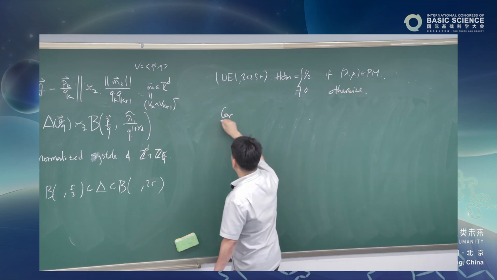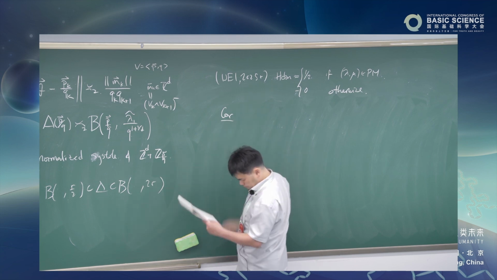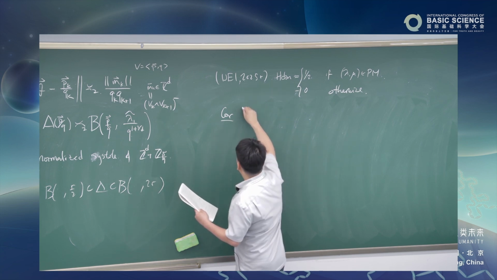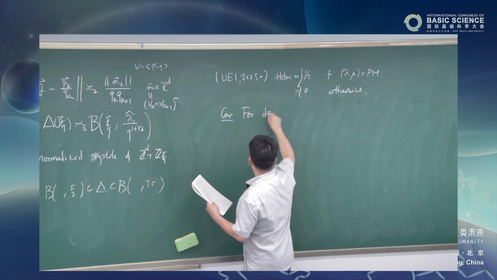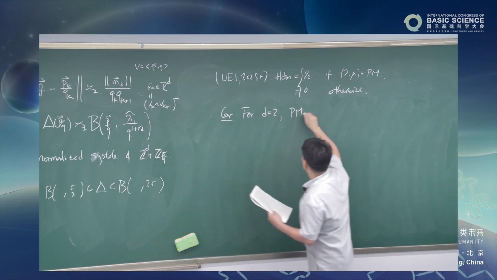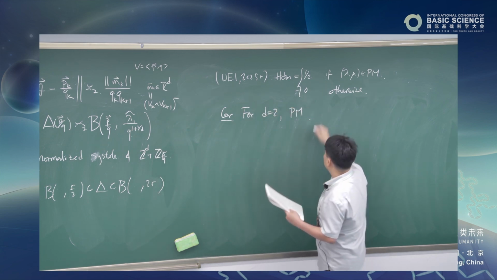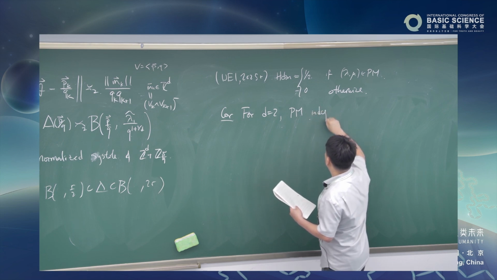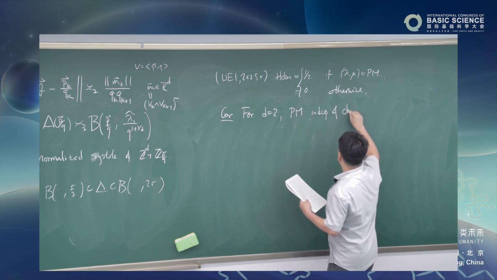And the corollary is that for dimension 2, the Perez Marco condition is independent of the choice of norm.